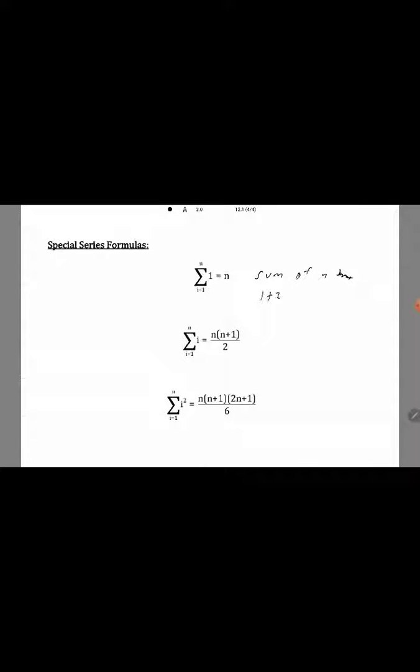So 1 plus 2 plus 3 plus 4 plus 5 plus 6... This is the sum of the first n positive integers.